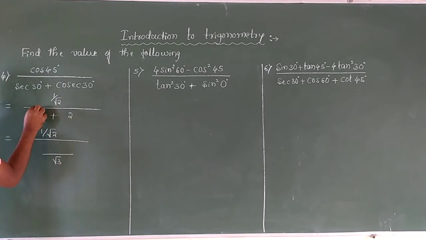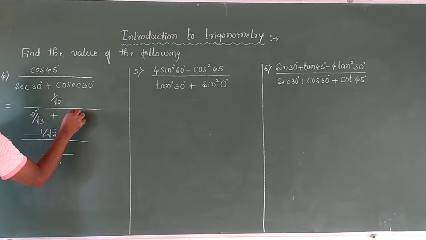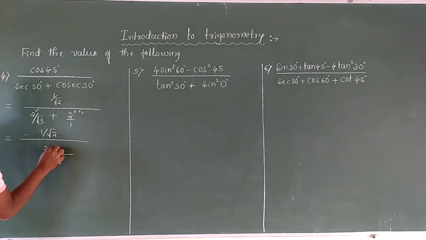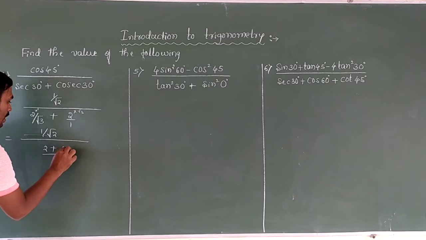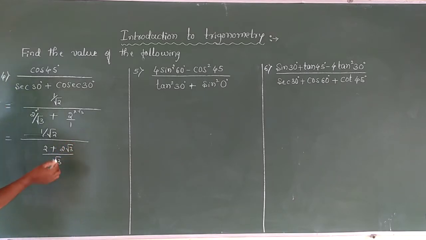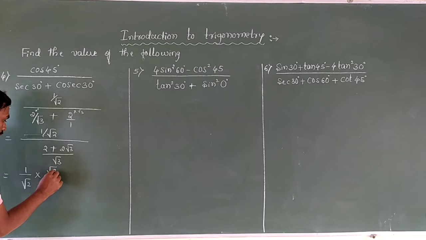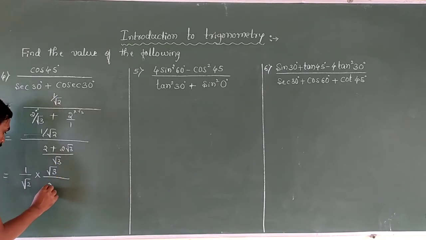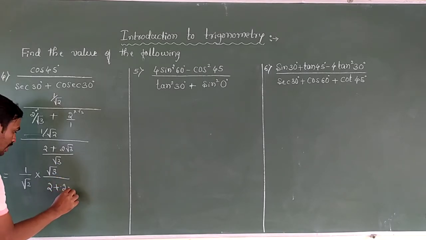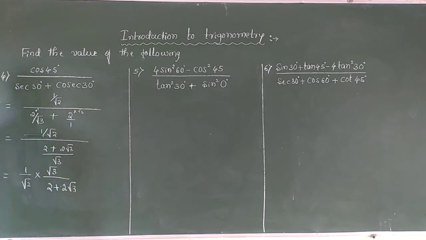Here it is root 3 1s are, here it is 1 root 3s are. So 2 1s are 2 plus 2 root 3. Here this is equals to 1 by root 2 into root 3 divided by 2 plus 2 root 3.